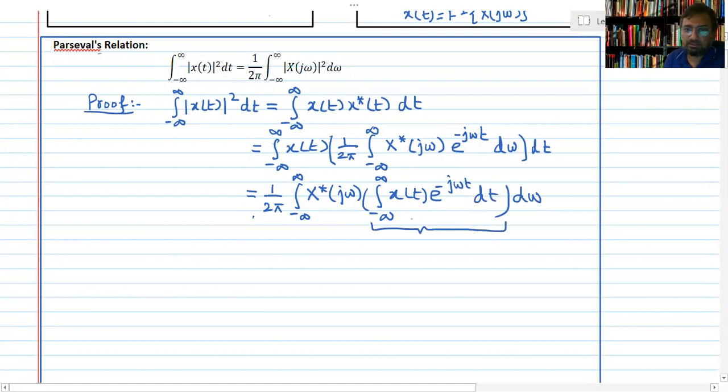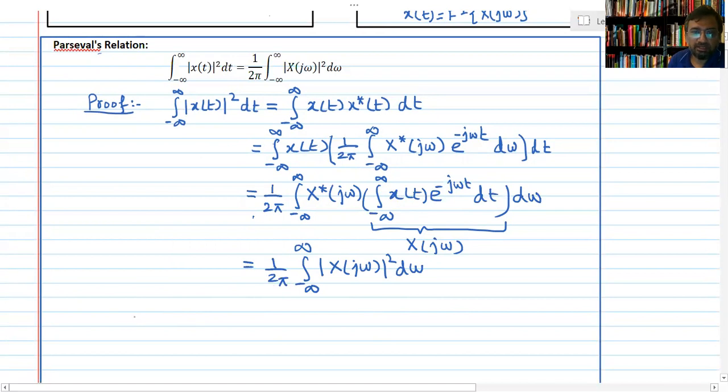And you notice that this bracketed term now is X(j omega). So we have our proof: X conjugate (j omega) multiplied by X(j omega) is magnitude of X(j omega) whole squared d omega.